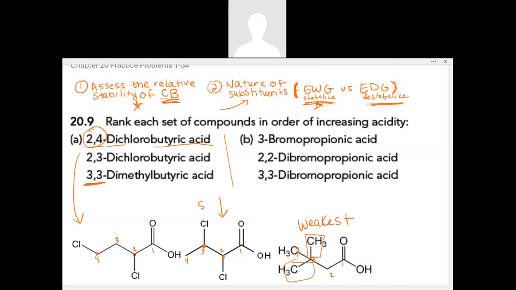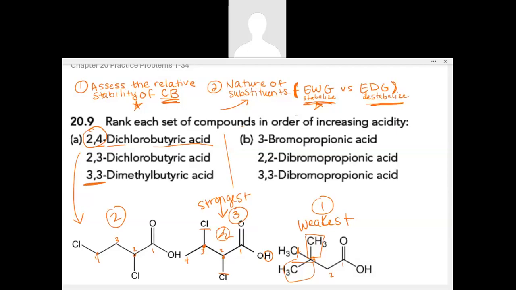This one in the middle will be the strongest, again, due to the closest proximity to our acidic hydrogen, with these 2 electron withdrawing groups on carbons 2 and 3 compared to carbons 2 and 4. So we see our strongest, number 1 here, but we're supposed to rank these from increasing acidity. So this one would be first, our weakest, then this one would be number 2, and our strongest would be number 3 here.